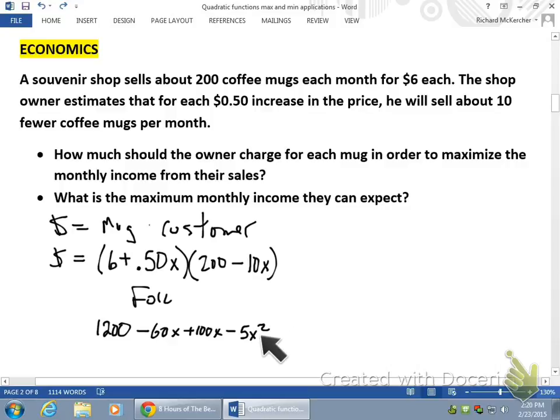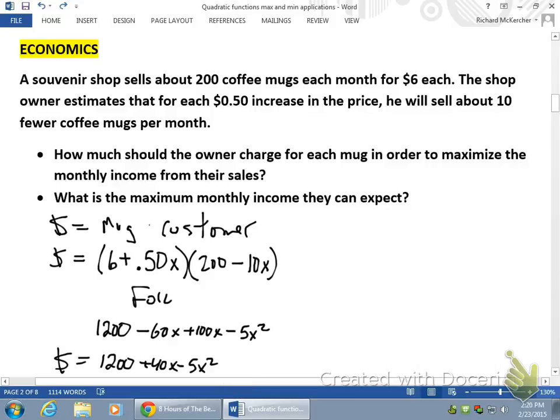That's where it's super obvious this is quadratic. Of course, if you put your like terms together, that does give you 1200 plus 40x minus 5x squared. Now remember, we've been doing these in multiple ways. We've already practiced how to do this with a calculator and without a calculator. But now that I clearly have a quadratic equation, I think I'm just going to use my calculator.